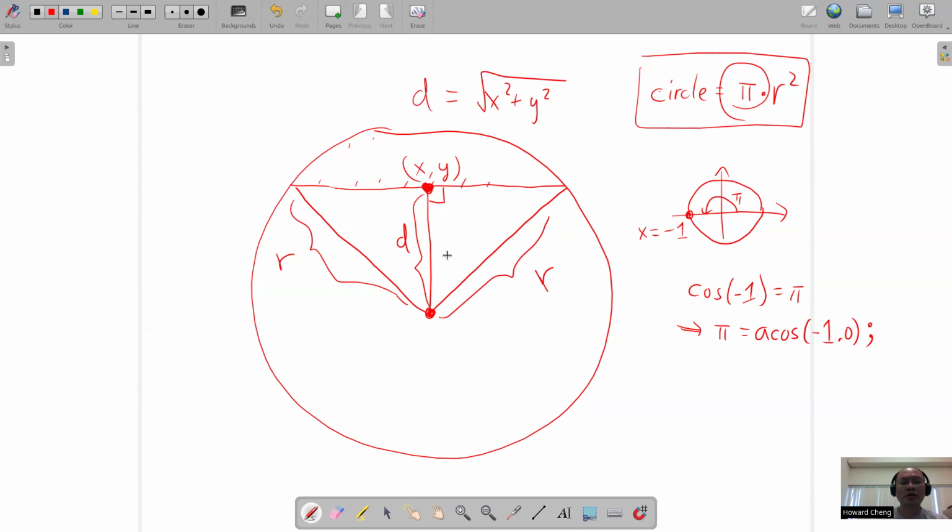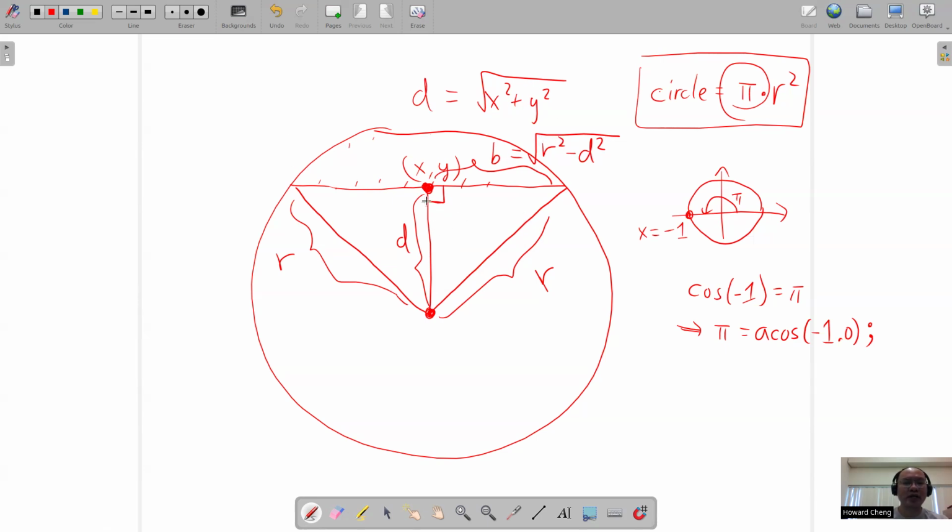And now we have a right angle triangle. So this part is the square root of r squared minus d squared. Okay, let's call it b. So this is Pythagoras running backwards. b squared plus d squared equals r squared. So to solve for b, you get this.